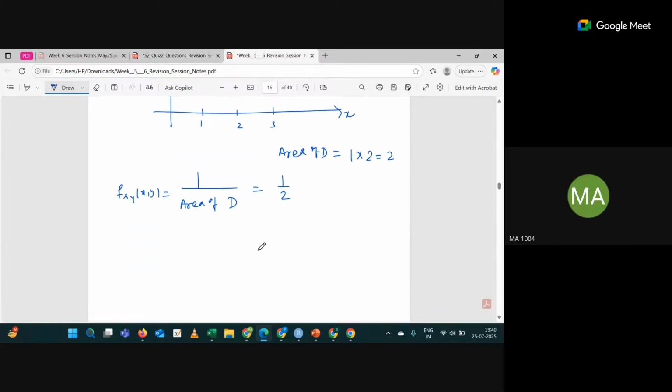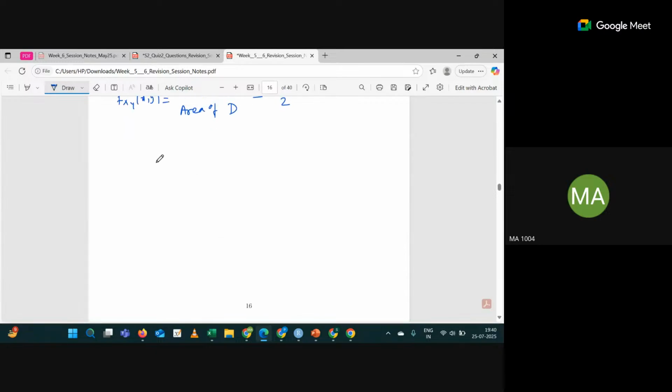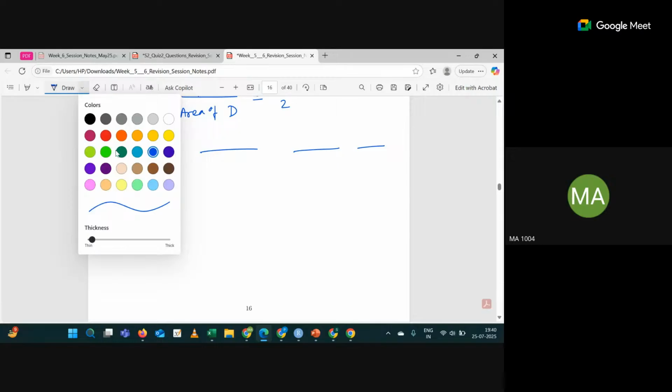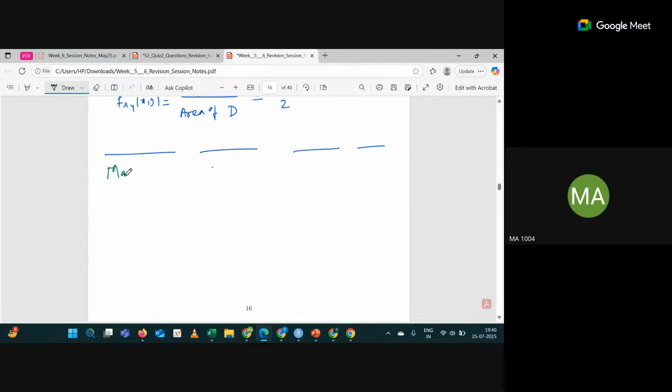Correct. Before that, I will quickly go through the concept of marginal density, and then I will jump there. How to calculate the marginal PDFs? Suppose this joint density f(x,y) is given to us.